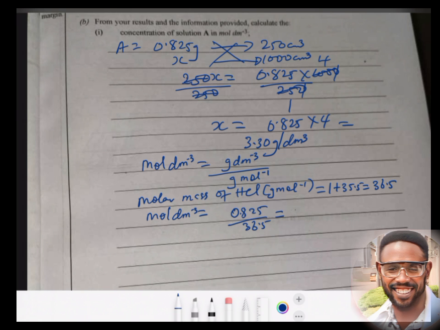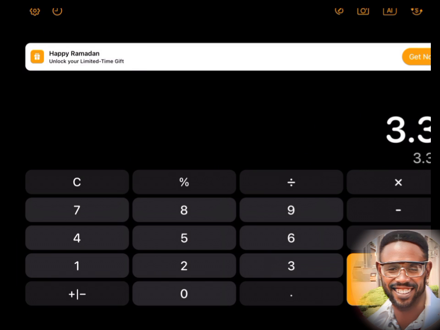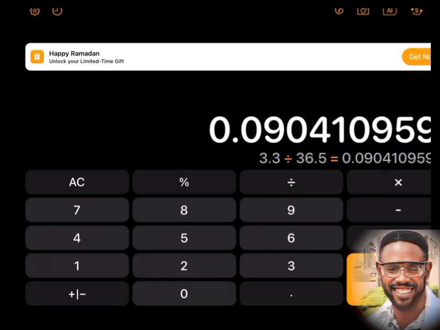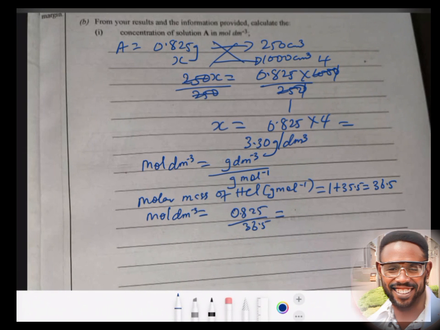From the calculator, that gives us 0.0941, to three significant figures.